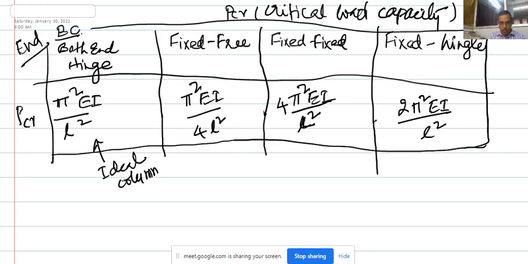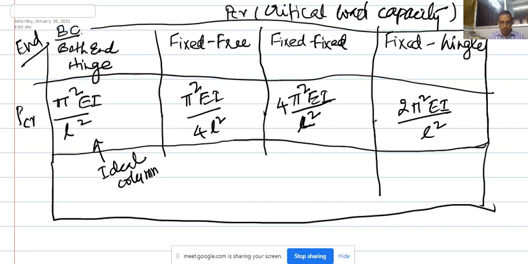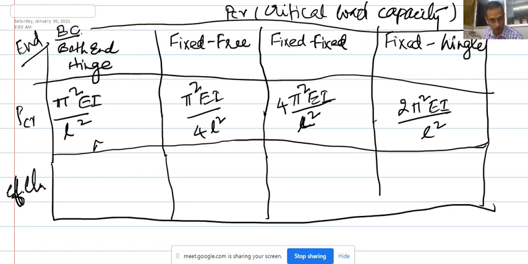If you carefully observe the end conditions and the lengths we are getting, we can ask what the effective length is. Let capital L be the effective length. For the ideal column, L is l.